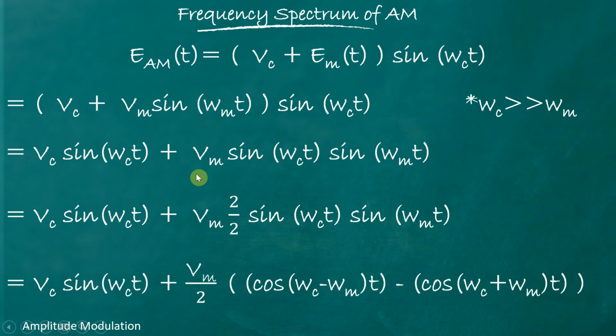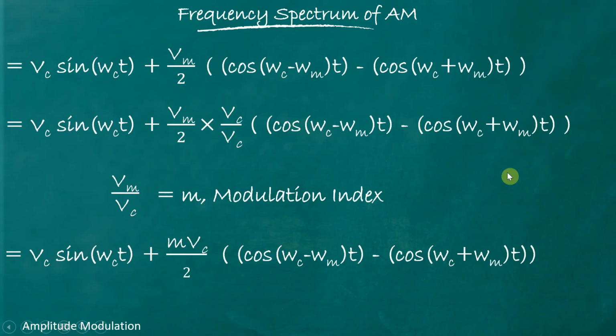Now with this term, when you multiply and divide by 2, you can see 2 sine omega c t into sine omega m t, which is a trigonometric formula: 2 sin A sin B is equal to cos(A minus B) minus cos(A plus B). So it becomes cos (omega c minus omega m) t minus cos (omega c plus omega m) t, with Vm by 2 as it is. Here 2 sin A sin B is being converted into cos A minus cos B using the trigonometric formula. Now next, for the sake of simplicity, again repeated here.